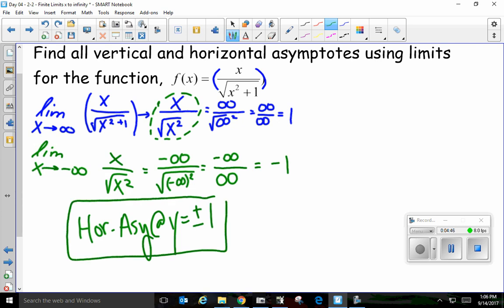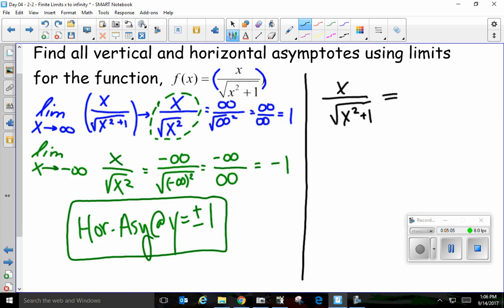Now we've got to find our vertical asymptotes. So I'm going to take my function. I've got to find out what value makes this undefined. What value of x makes that undefined? Well, we have a fraction.